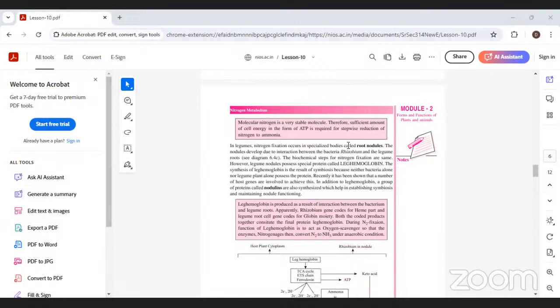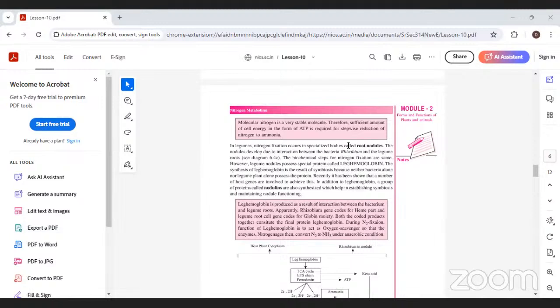Recently, it has been shown that a number of host genes are involved. In addition to leghemoglobin, a group of proteins called nodulins are also synthesized, which help in establishing symbiosis and maintaining nodule functioning.